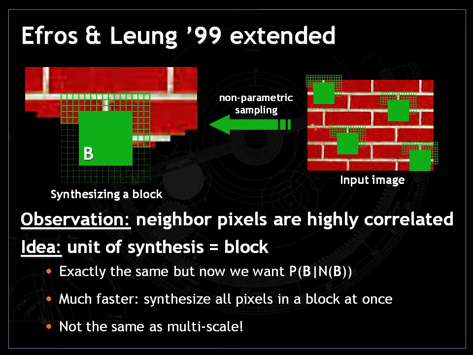So the idea is: forget pixels, let's go to blocks. Exactly the same idea, but with blocks. Compute the probability of a block given the neighborhood of that block. And of course it's faster because you synthesize all the pixels within a block all at once. Note that this is not multi-scale because the input image is still the original high-resolution input image, not a blurred, scaled version of it.